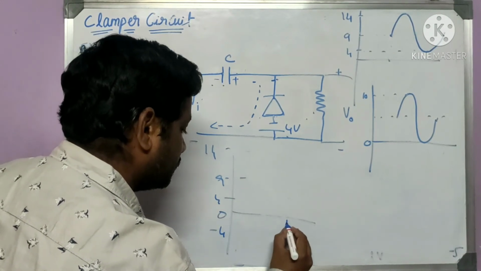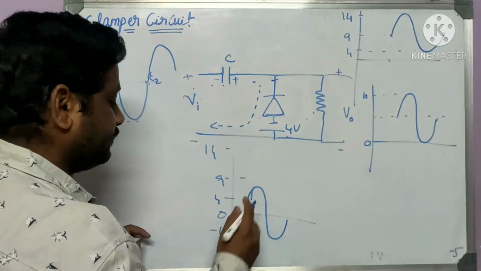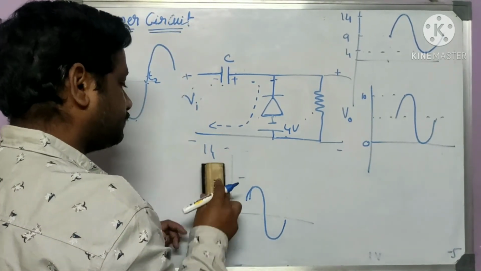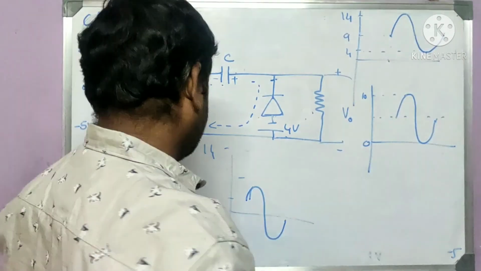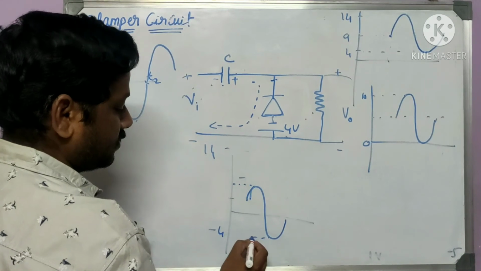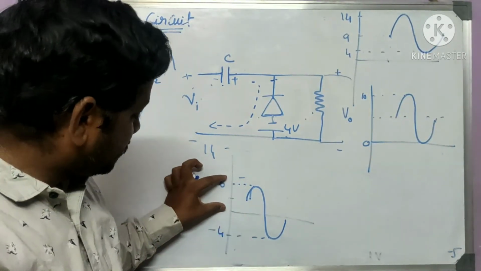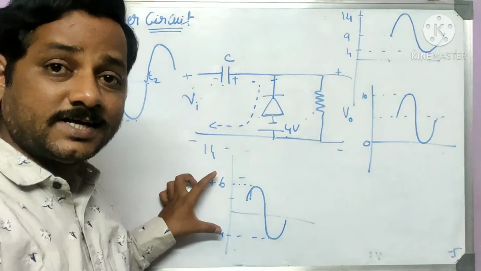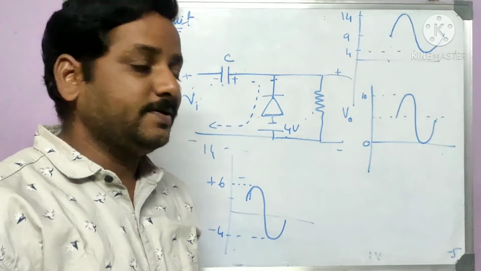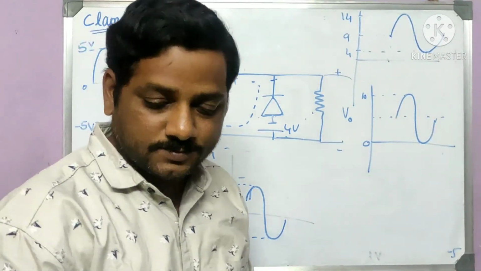The peak to peak value should be 10 volt. So minus 4, and this has to be plus 6. 0 to 6 and here 0 to minus 4, total 10. So this is what the shifting will be. Based on this circuit, you just need to shift it. I hope this is clear for you.